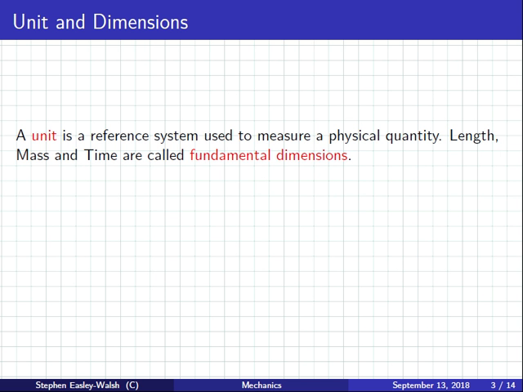These are the fundamental, like the basic dimensions. So I think you could write length, mass, time equals fundamental dimensions. Do you know this word fundamental? It means like basic.